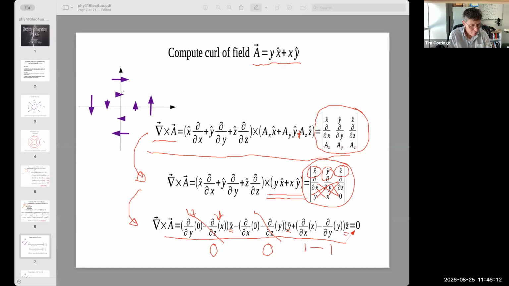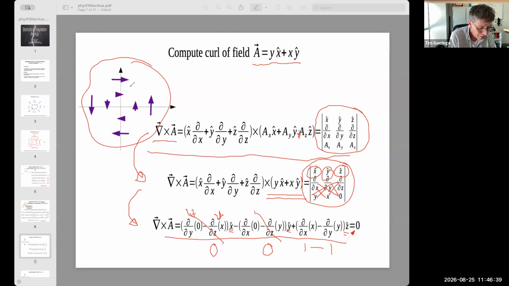Now, if I look at this picture upstairs here, I might say maybe it looks like there's a circulation, or does it not look like there's a circulation? Really, you see in that picture that there's no net circulation clockwise or counterclockwise. For example, the vectors that are pointing up and down look like they are rotating counterclockwise.